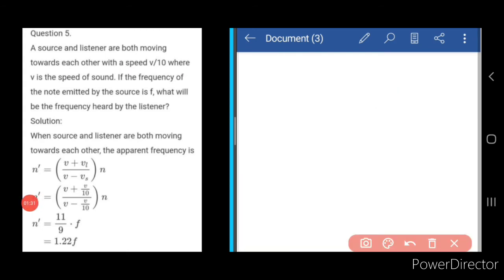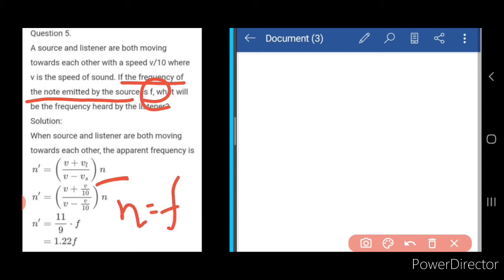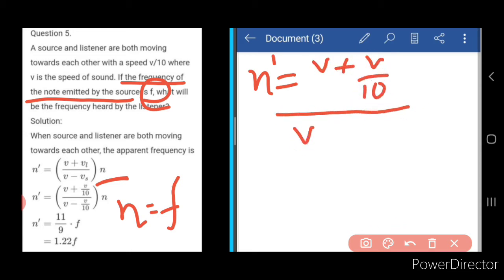Here the frequency of the note emitted by the source is f, so n is equal to f. We will substitute in this equation. So n dash is equal to V plus V divided by 10 divided by V minus V divided by 10 into, instead of n, we substitute f, right?